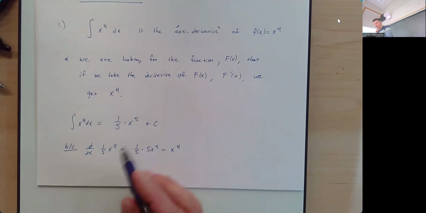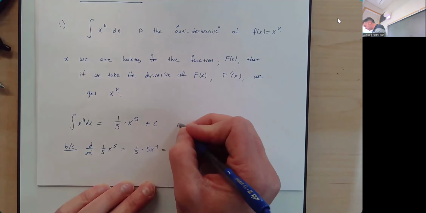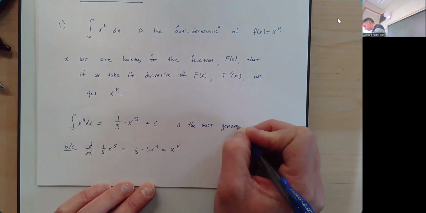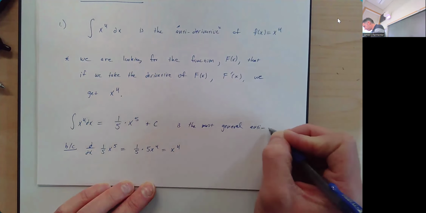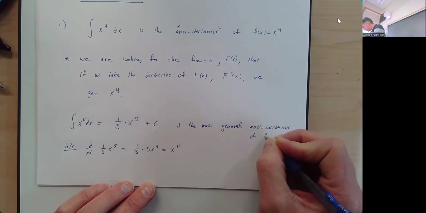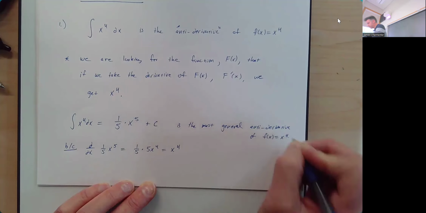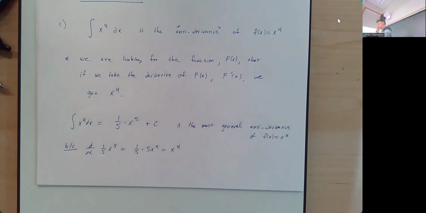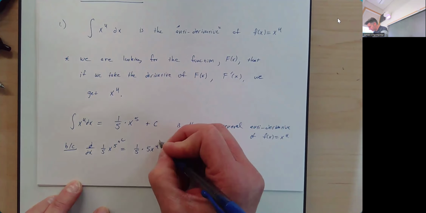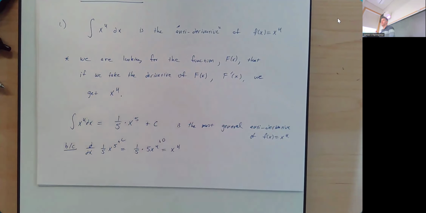So when we write it this way, we're saying this is the most general antiderivative of f of x equal to x to the fourth. And notably, if I added in the constant, what's the derivative of a constant? Right, that's why it doesn't matter. If I add in a plus c, then the derivative of that plus c is going to be plus 0, which isn't going to make a difference.